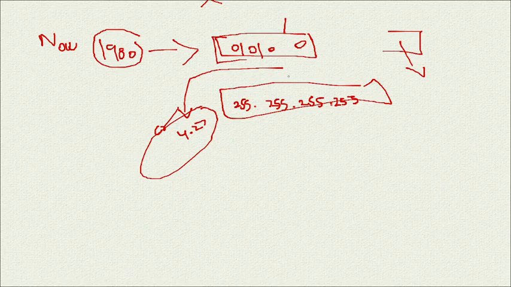Depending upon the scenario, 4.27 crore IP addresses are available.